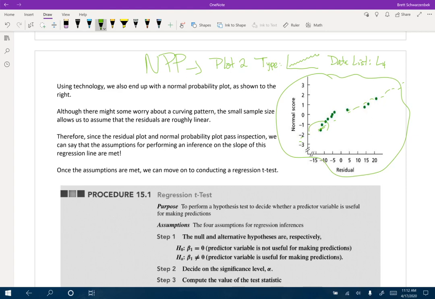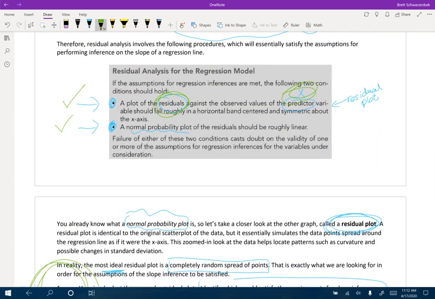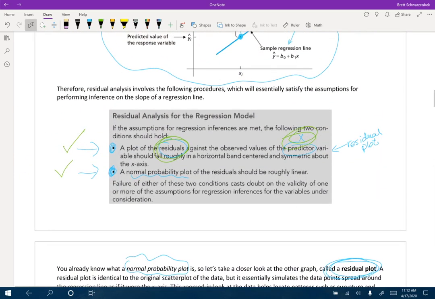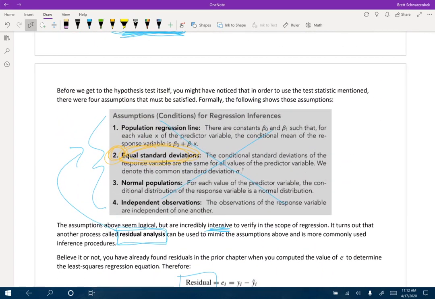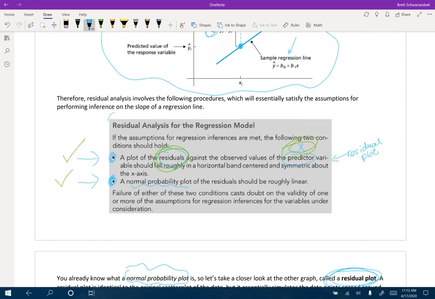So we will say that it's approximately a normal distribution of residuals. So once we have both of those requirements, then essentially you would be able to run a regression model using inference. So just to be clear, as a summary, we have all of these requirements right here, but we don't really do all of them. What we do is we use residual analysis to replace that, which is much easier than trying to do the other stuff.